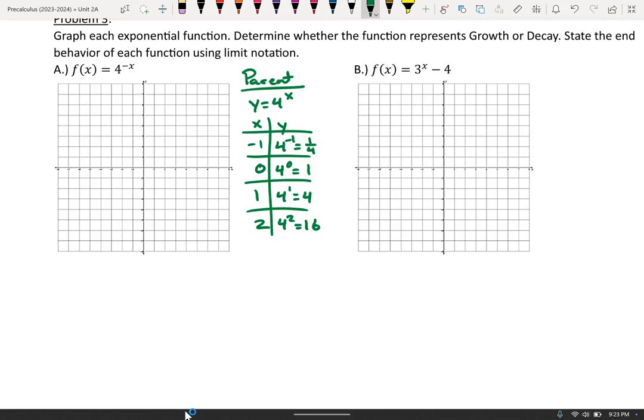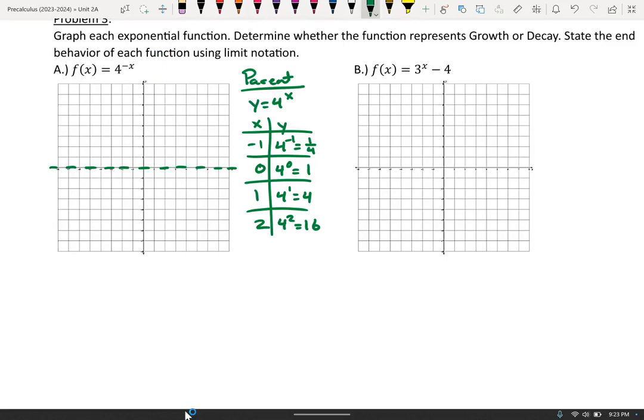All right, so we can go ahead and plot these. Remember, for the parent function, our horizontal asymptote is going to be at 0 automatically. Now, if we have a vertical shift, that would change. But do I have a vertical shift? I do not. So that is going to be the horizontal asymptote for my final graph. So I'm going to go ahead and plot these.